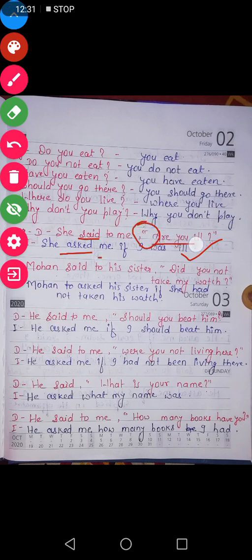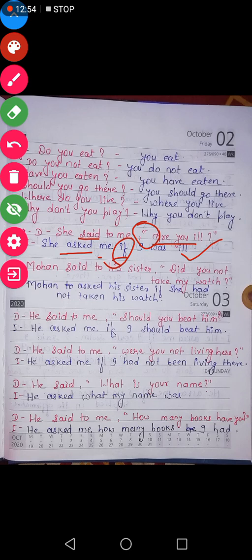The sentence is a yes-no question. Are you ill? How will I answer it? Either yes or no. So if it is a yes-no question, removing the inverted comma, either if or whether will be used. I have used if, but if you want you can use whether also.